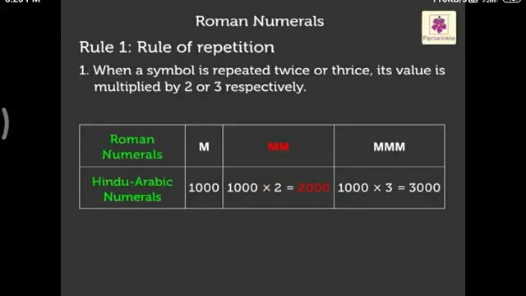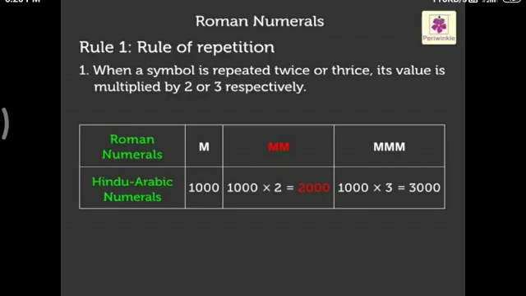First, rule of repetition. In the rule of repetition, we have 3 steps. Step number 1: when a symbol is repeated twice or thrice, its value is multiplied by 2 or 3 respectively.